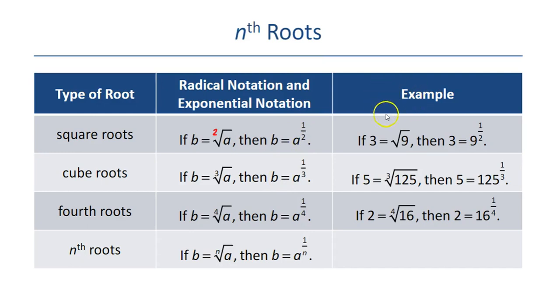So notice here, 3 is equal to the square root of 9, which is also equal to 9 to the power of 1/2. Same thing here. Pretty straightforward. Whatever your denominator is, that is going to become your index.